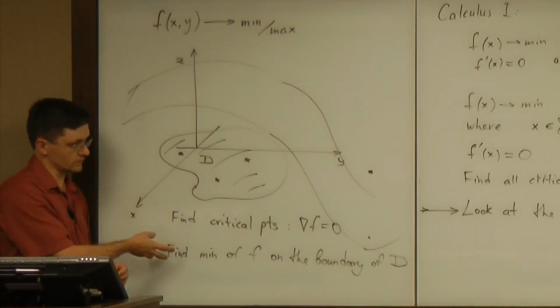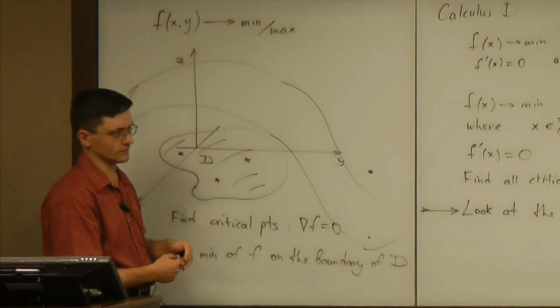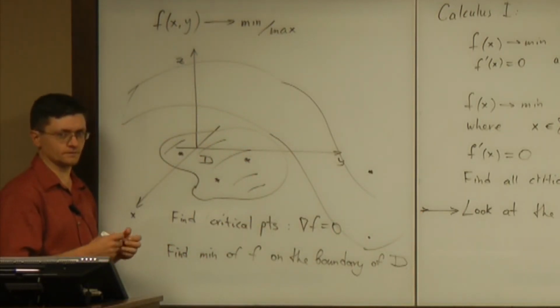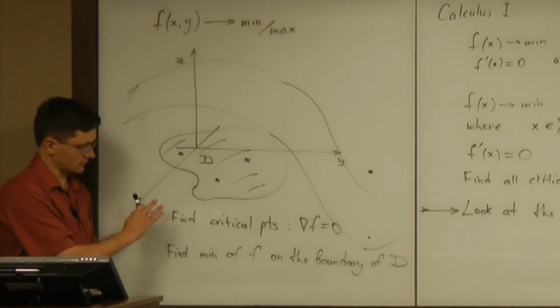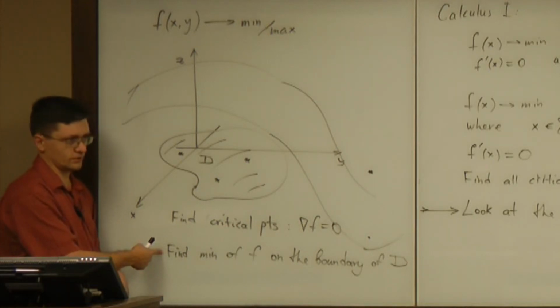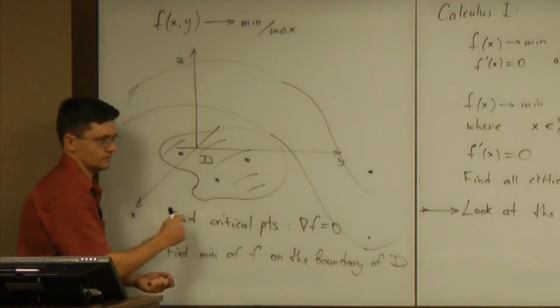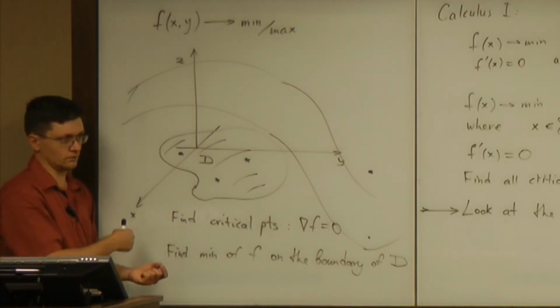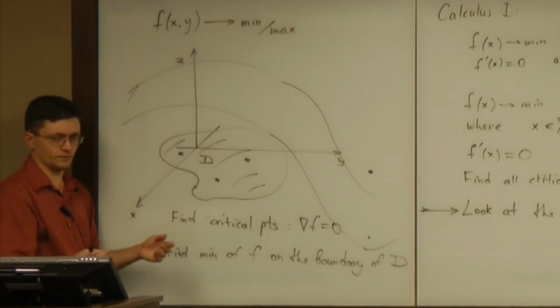So it's doable, but it is conceptually more difficult than just evaluating a couple of values. But once you do that, you're done. So you find minimum on the boundary, that's a number. You evaluate the values on all the critical points inside D, a bunch of numbers, you compare all of them, take minimum.